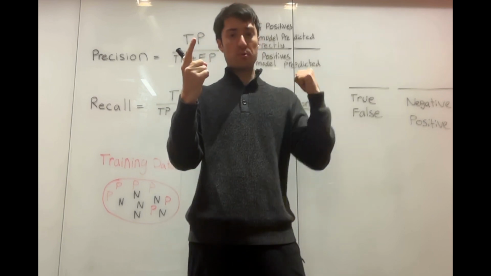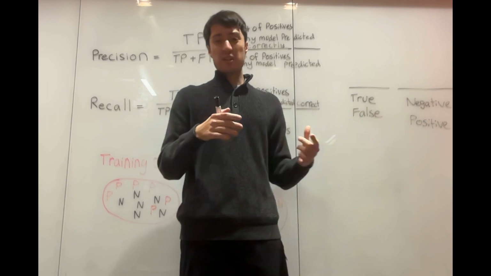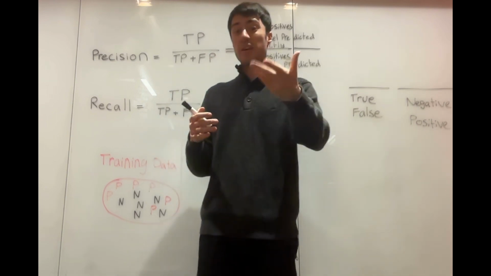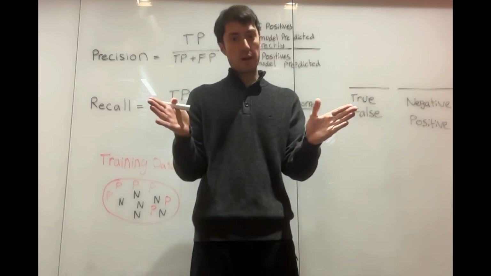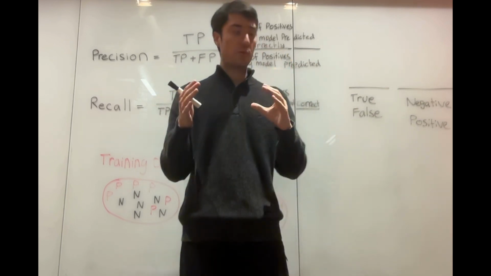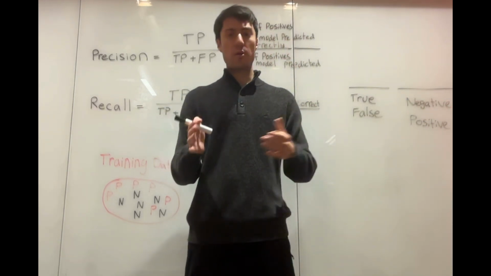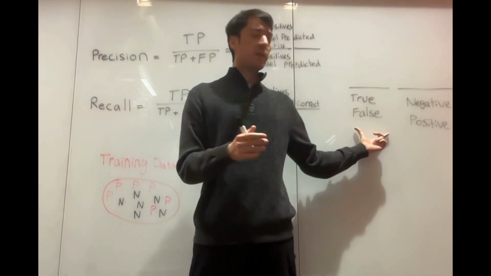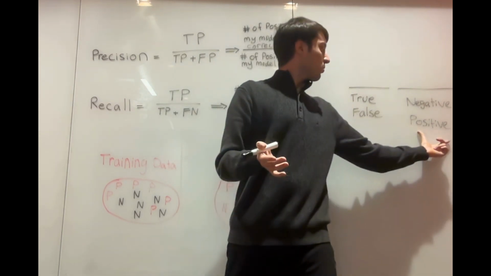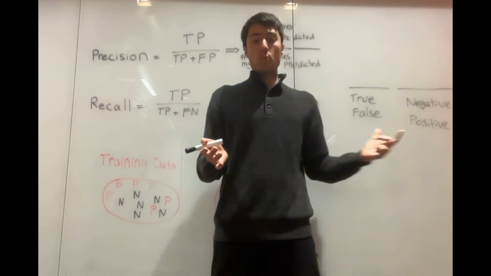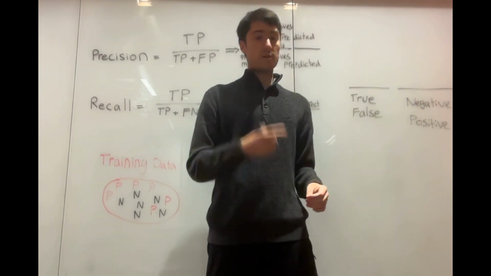It's false because your algorithm did not predict correctly, but it predicted a 0, therefore it's negative. So it's a false negative. The first term is whether your algorithm was correct or not, and the second is what your algorithm predicted: negative is 0, positive is 1.